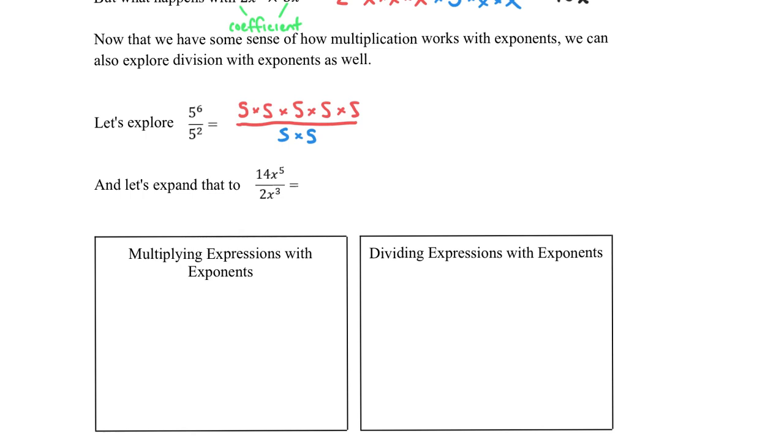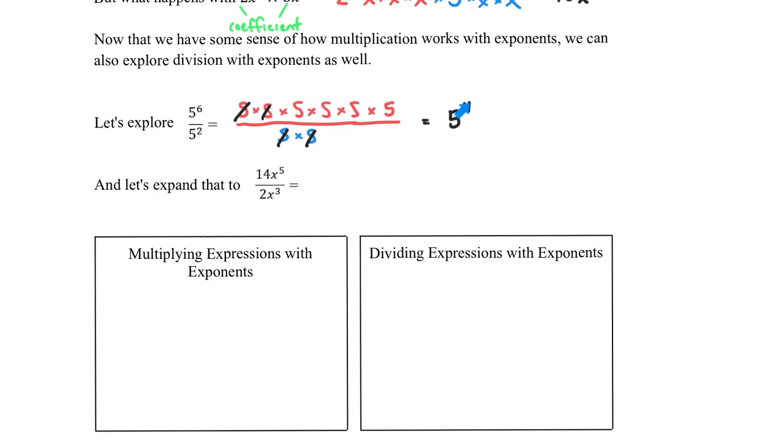Now you guys happen to know already, and we're going to talk about this more throughout this unit, if I have 5 over 5, isn't that just equal to 1? So these reduce to 1, and this one reduces to 1. And so what am I left with? Oh my goodness, I missed a 5 up here, didn't I? You guys knew it. I know you did. What am I left with? I'm left with just 5 to the 4th.